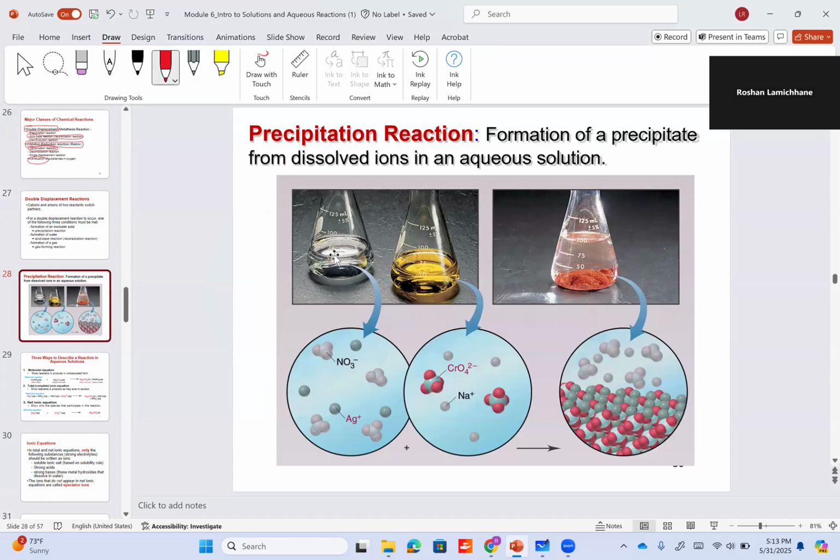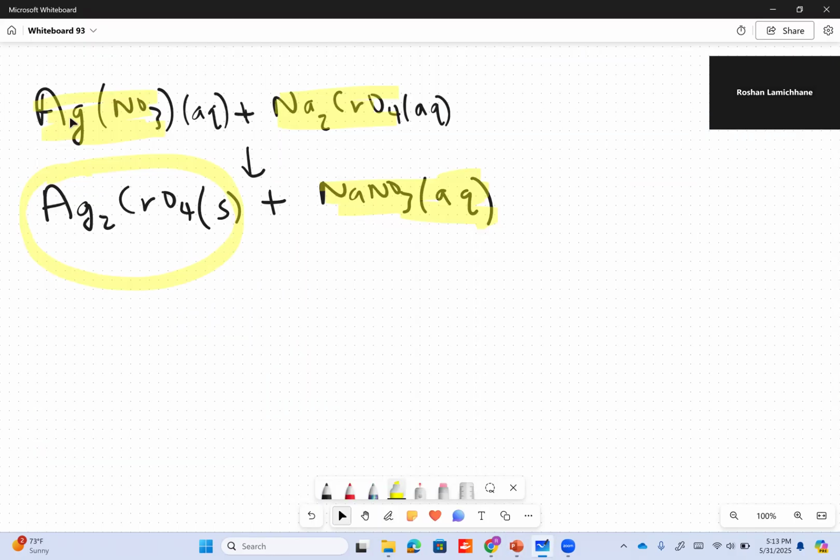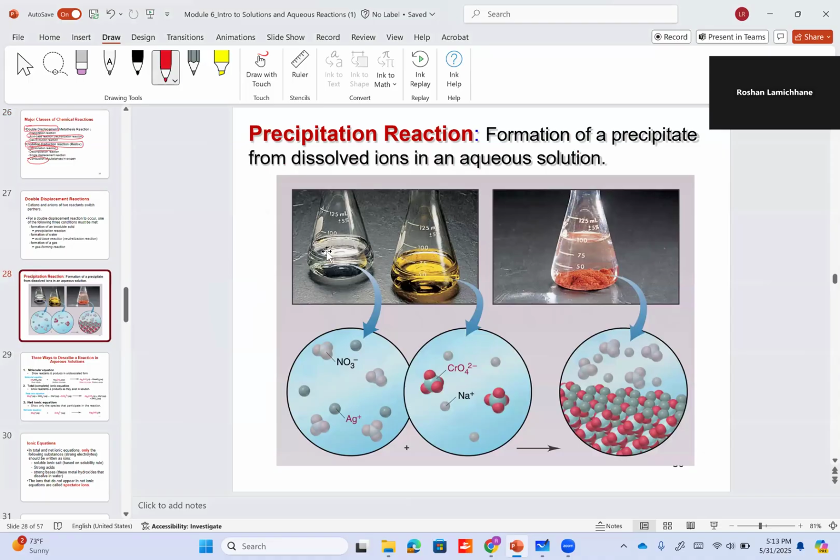This is your silver nitrate, and sodium chromate is this right here. You see both of these are clear, meaning the salts are soluble. Then if I mix these two, this is what I form.